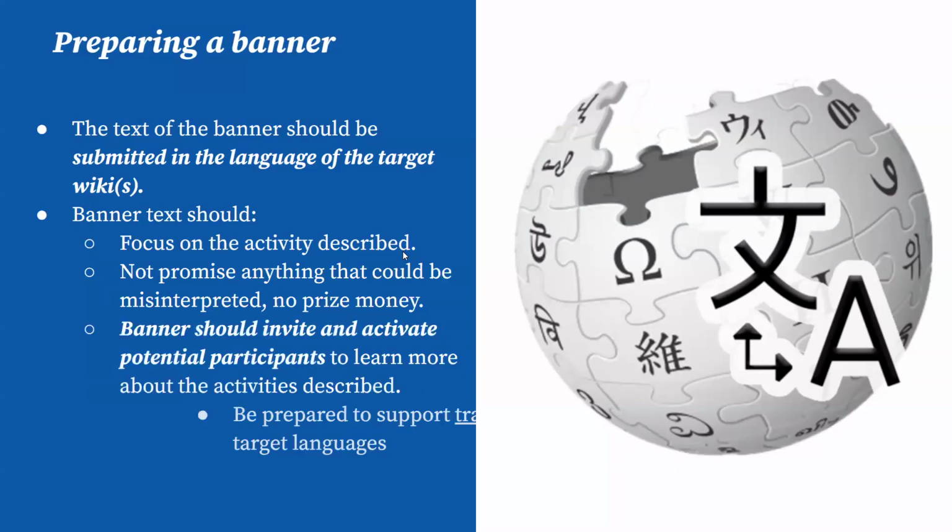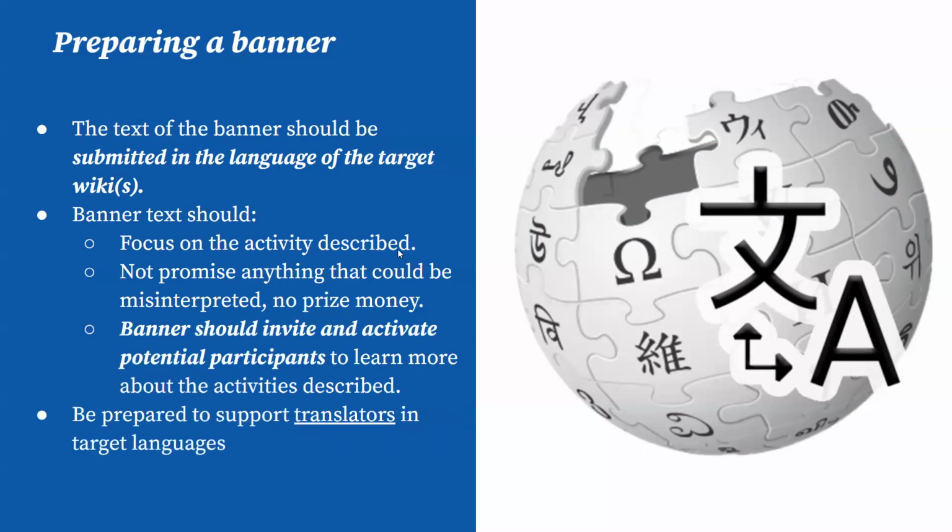So for us, it's important that the banner will be available in all the languages that you're targeting. So when you're targeting the global audience, you should also make the banner available in 300 languages.